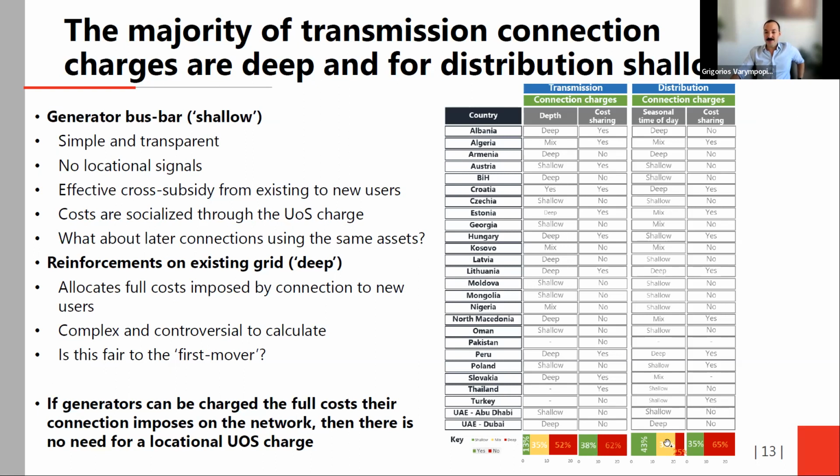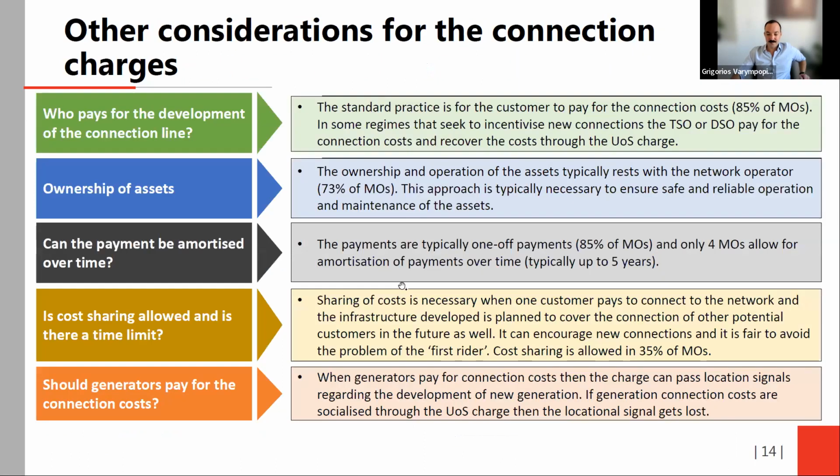And when we turn to the distribution system, 43% of countries apply a shallow connection charge, 32% a mixed approach, and only 25% a deep approach for distribution connection charges. Cost sharing is allowed in 35% of connection charging policies, and in 65% it is not allowed.